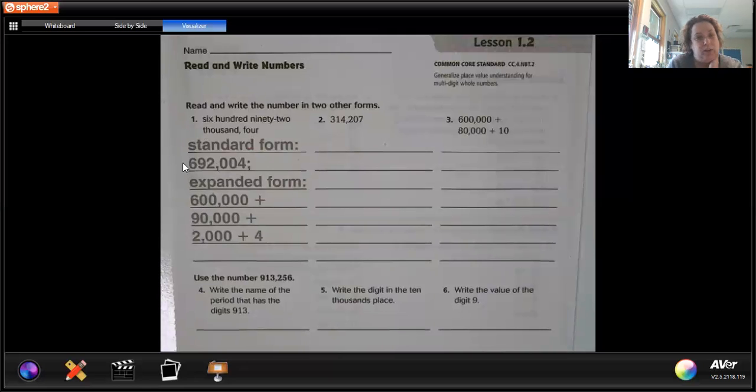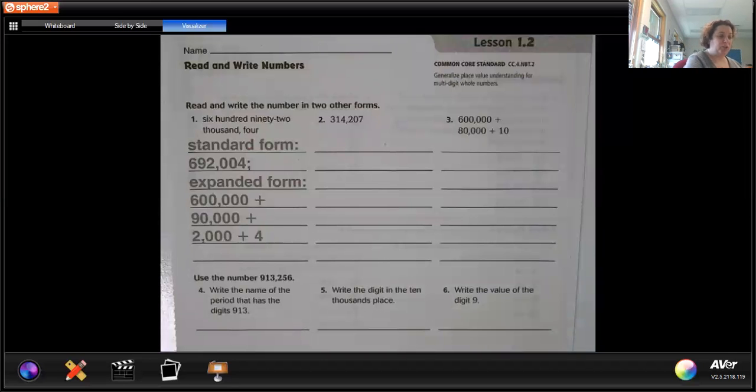So we look at each place individually and write it out with a plus sign in between. So I'm going to do that with these two other problems here as we work together. And then I would like for you to go back and take a look at your lesson 1.2 and see if you need to fix any of this information. So your lesson 1.2 is going to be slightly different because it's the one on the computer on Google Forms.